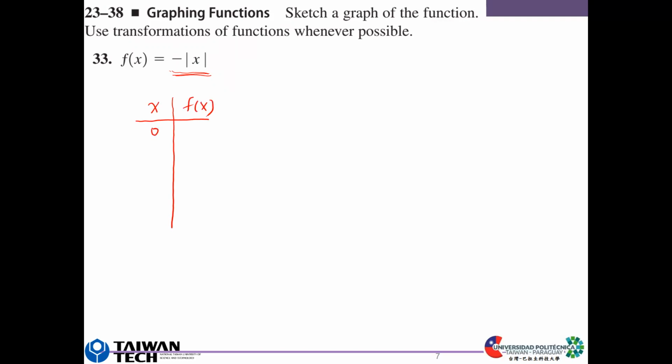When x is 0, f(x) is 0; 1, 1; 2, 2; 3, 3. And also, if x is minus 1, it's still 1; minus 2, 2; minus 3, 3. So we are able to draw it on xy coordinates.